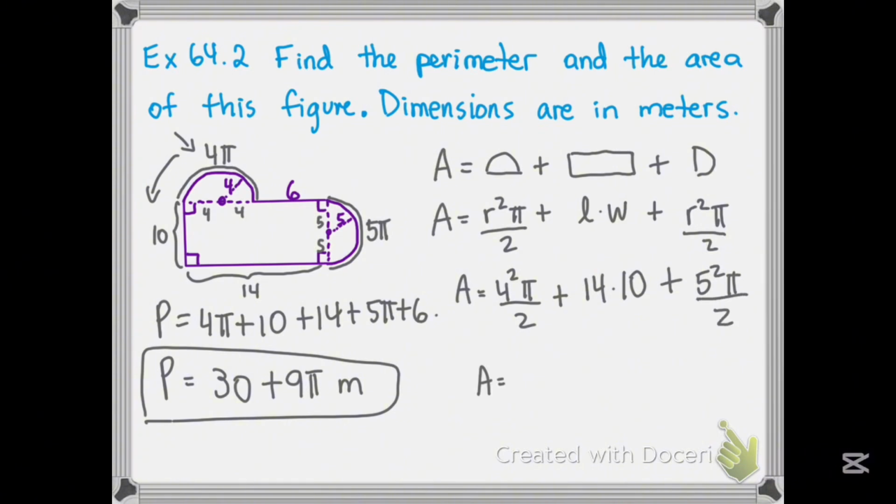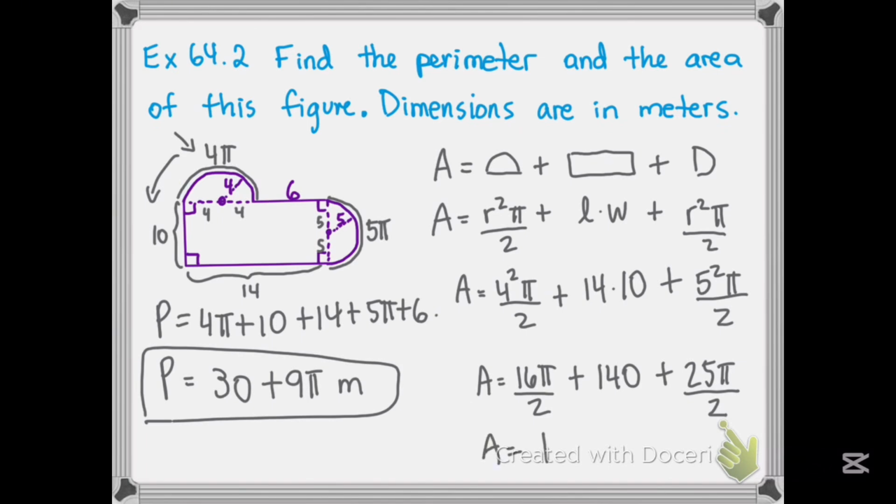And this is 16 pi divided by 2 plus 140 plus 25 pi divided by 2. I'm not going to simplify the 16 divided by 2 because I need it in halves so that I can add with 25 so we can have the same denominator.